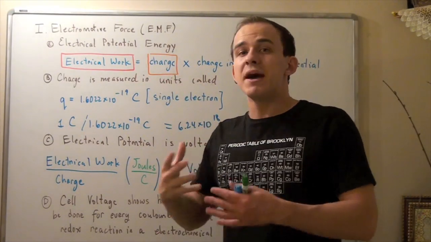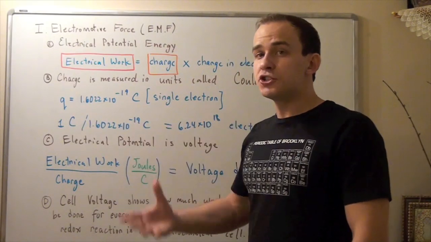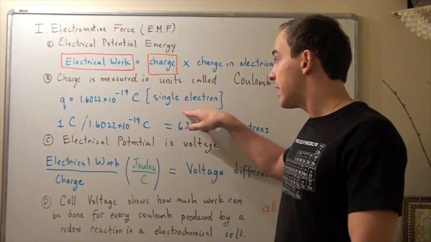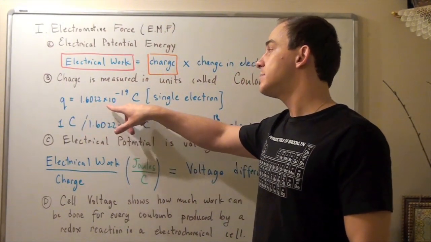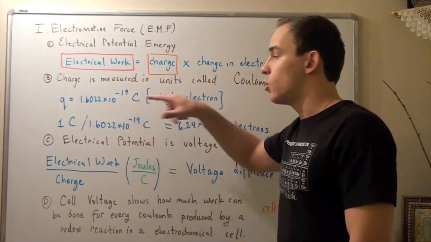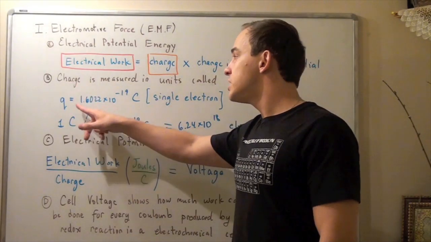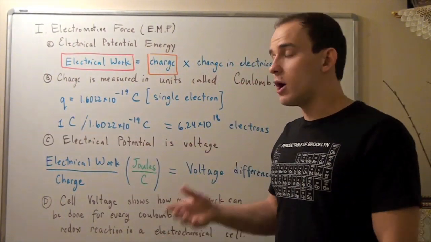Charge is simply the amount of electrons found in some object. And charge is measured in units called coulombs. And one electron has a charge of 1.6022 times 10 to the negative 19 coulombs. So that means 2 electrons will be 2 times this amount, 3 electrons, 3 times this amount, and so on.